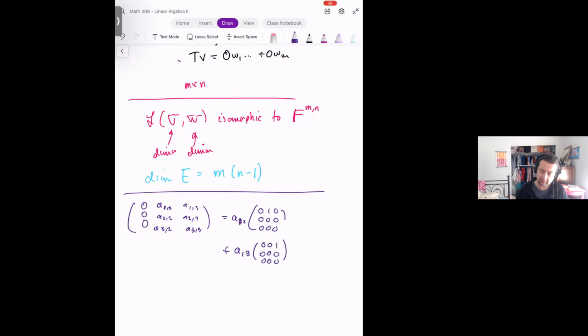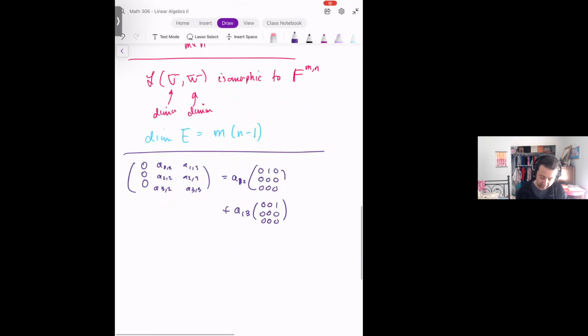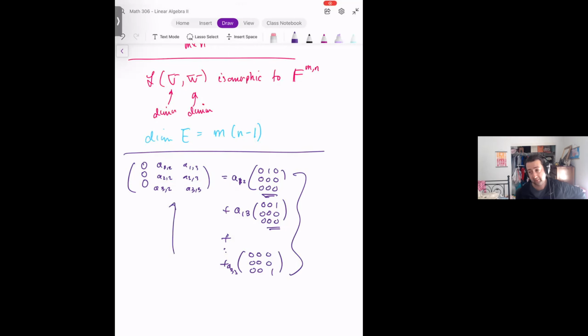You go through this whole process, and by the time you're done, there'll be 6 matrices that you can use to build it, ending with A33 times the matrix with 1 in the last spot and zeros elsewhere. This collection of matrices is actually the basis for this vector space. And how many of them are there? Well, there's one for each coefficient.